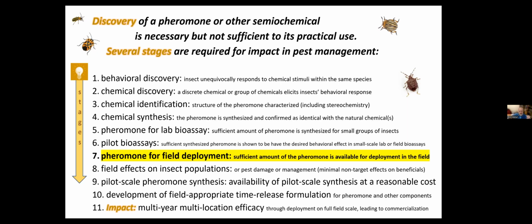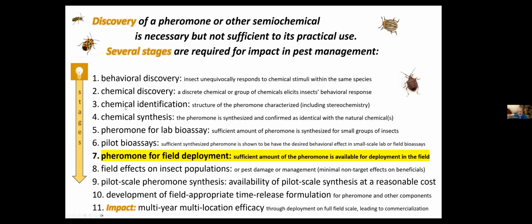So you see right up at the top, behavioral discovery. With the squash bug, we're at that stage because we know a male squash bug attracts both male and female same species squash bug. But that's all we know. We know there's a male-produced aggregation pheromone. That's just the behavioral discovery or observation. We don't know what chemical is involved.